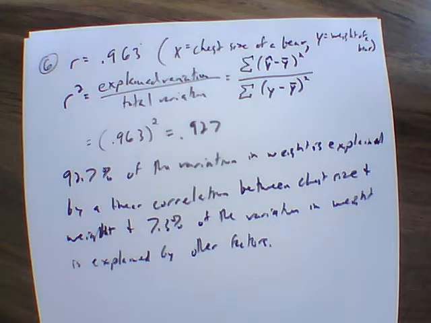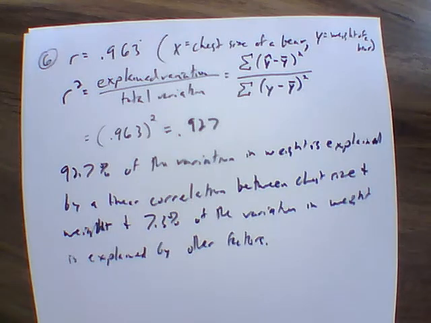So basically we're saying that 92.7% of the weight of a bear is going to be explained by his chest size. But there's 7.3% of that weight that could be some sort of other factors in there.